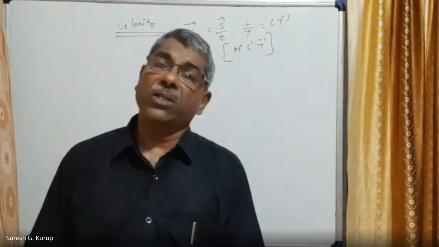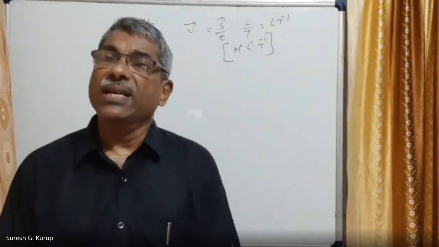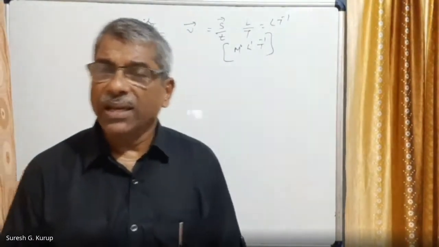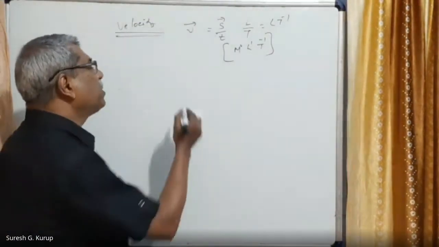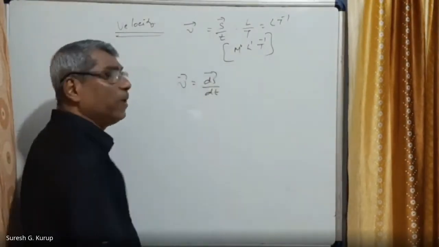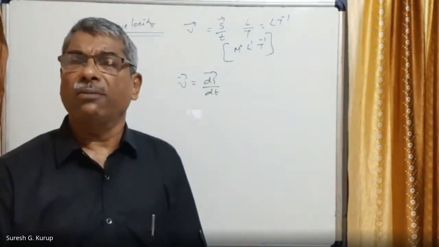When the body executes variable velocity, here also we will calculate instantaneous velocity and average velocity, right? Instantaneous velocity is the same thing. Vector v is equal to ds by dt, you will write. Where ds is the displacement and dt is a very small interval of time.